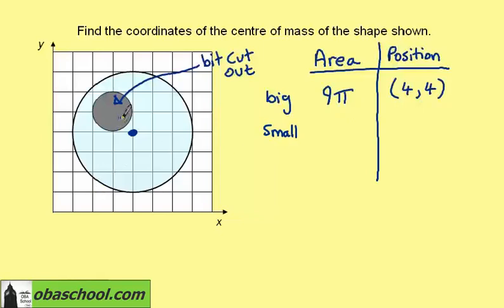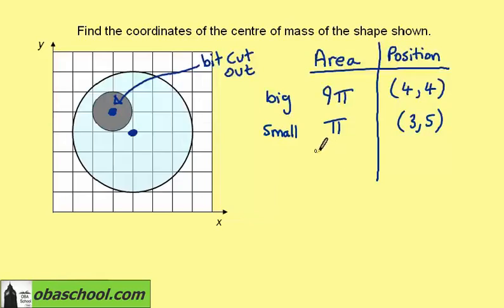For the small circle, the center of mass is here, at the point 3 and upwards we have 5, so 3, 5. The radius is 1. 1 squared times pi is just pi.